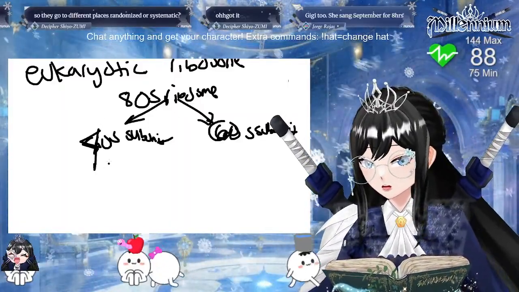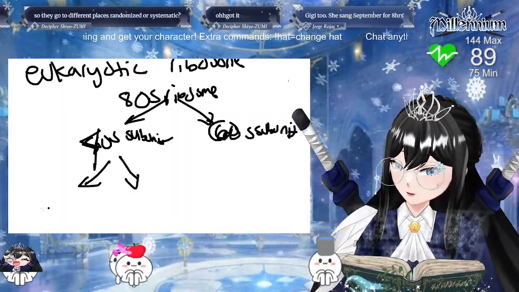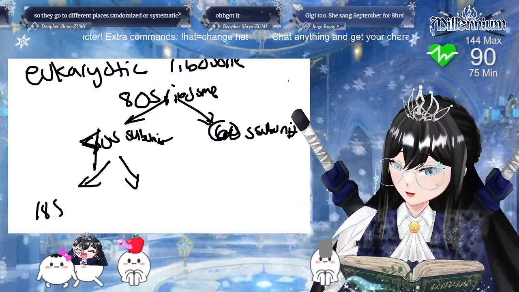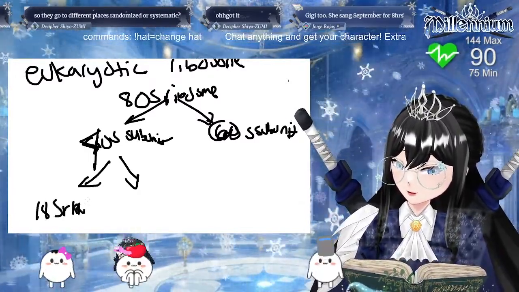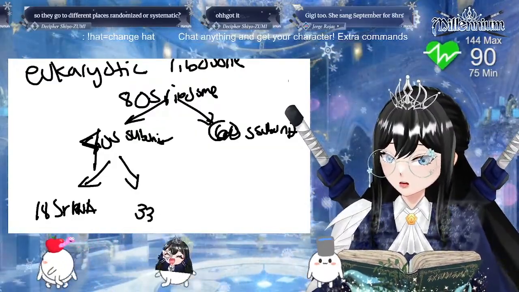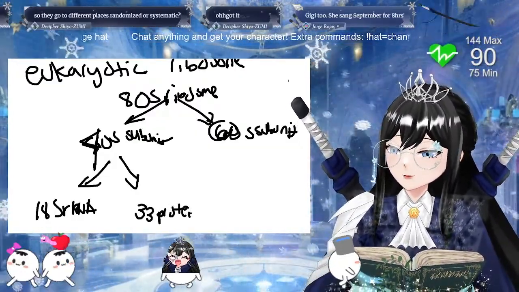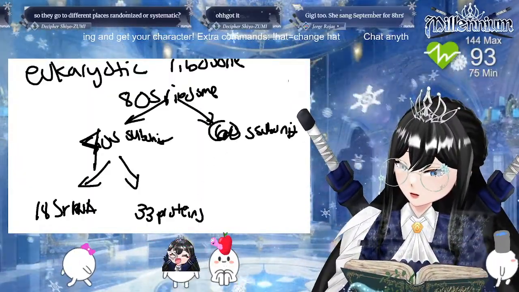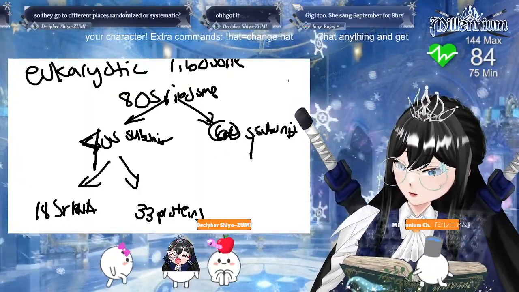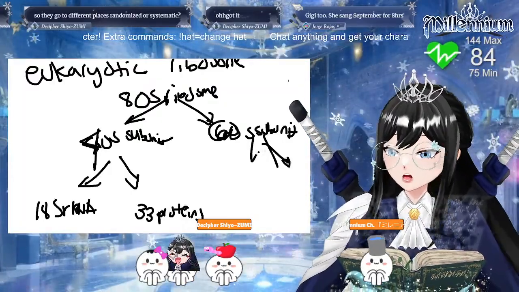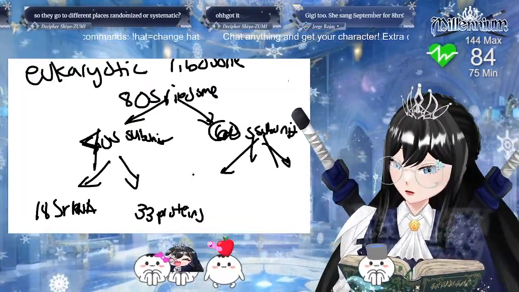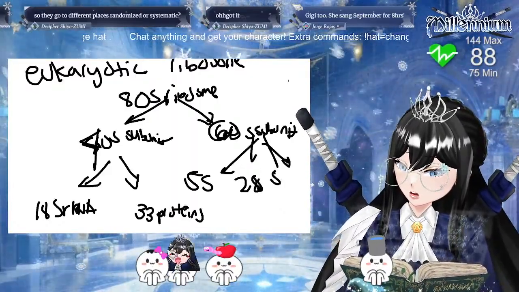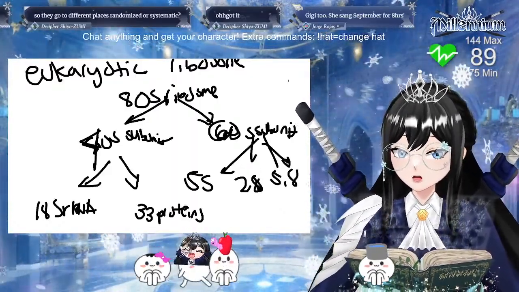And what's worse is the 40S subunit contains the 18S rRNA and about 33 proteins. The math is not mathing, but it is what it is. And then the 60S is composed of, it gets worse, don't worry, a 5S, 28S, 5.8S, and about 50 proteins.